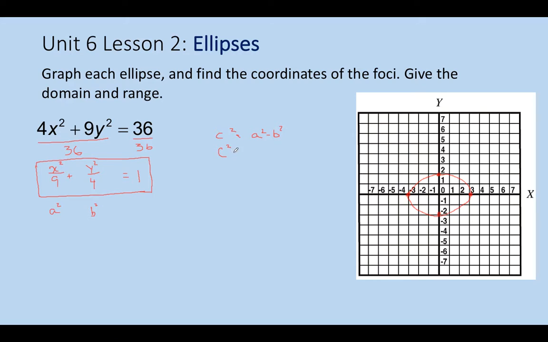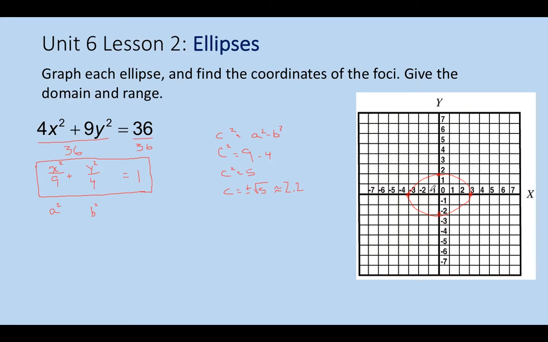C squared is going to be equal to a squared, which is 9, minus b squared, which is 4. So c squared is equal to 5. So c is equal to positive negative the square root of 5, which would be approximately 2.2.